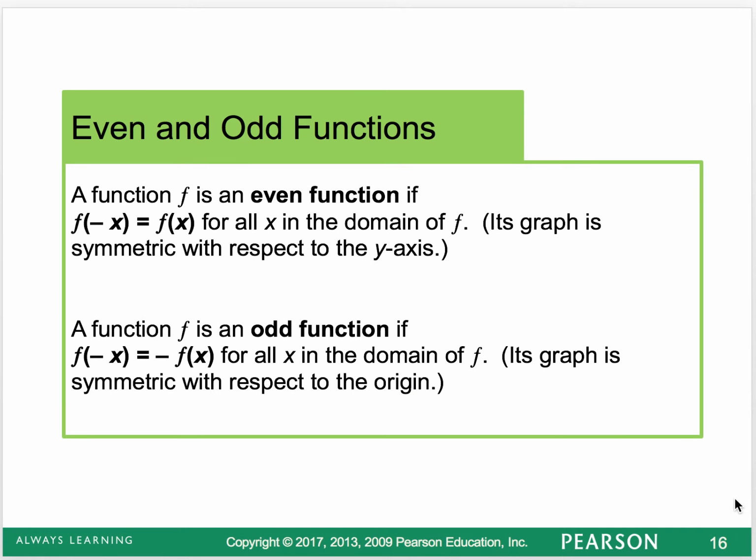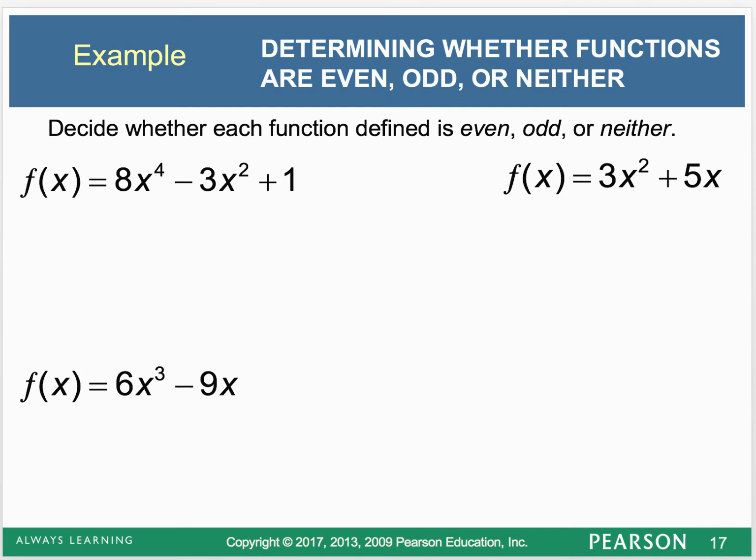So let's try that then. Determine whether these functions are even, odd, or neither. The first thing I would do is replace these with a y. So when I rewrite it, I'm going to replace it with a y because I'm asking about y-axis symmetry and origin symmetry. It's the same thing, y-axis and origin. So to see if it's symmetric with respect to the y-axis, I'll replace x's with negative x.